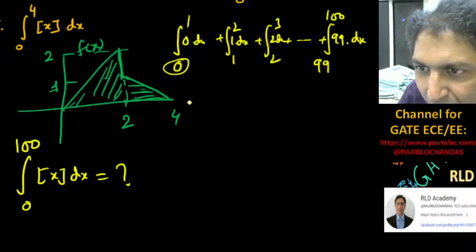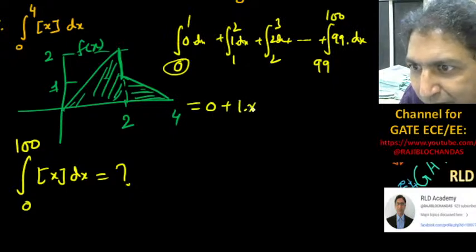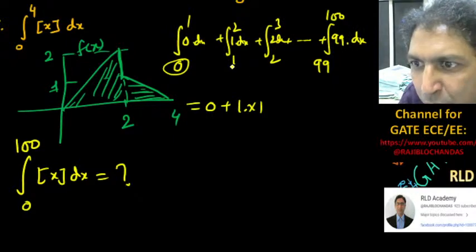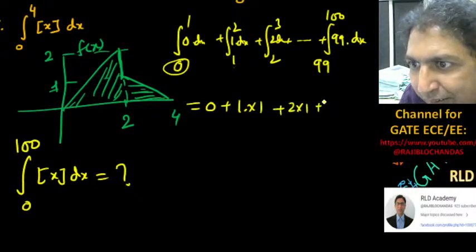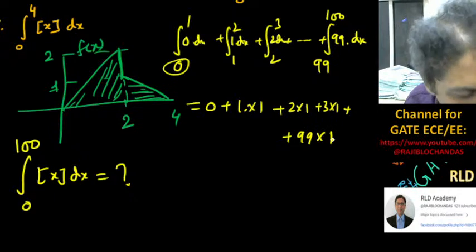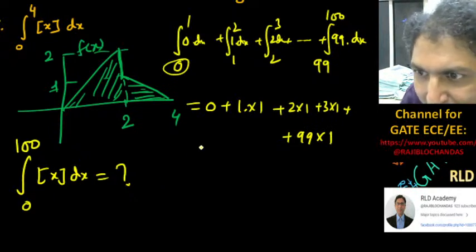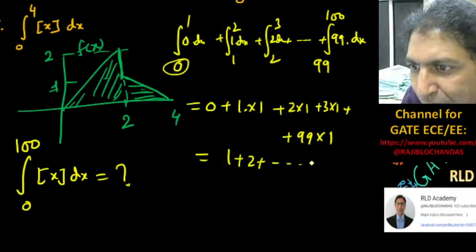So the first one is 0, the second one is 1 into 1, because 2 minus 1 is only 1. Then the next one will be 2 into 1, then 3 into 1, like that. The last area will be 99, and 100 minus 99 is 1 again. So it's simply the addition 1 to 99.